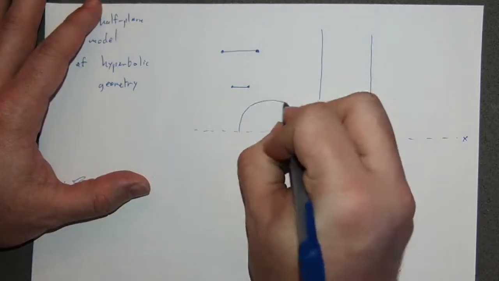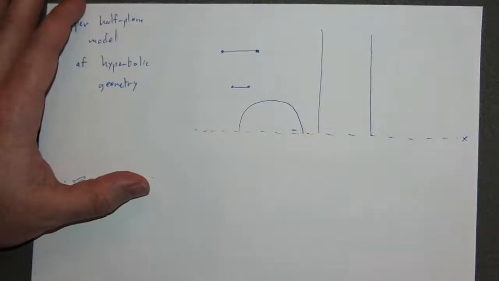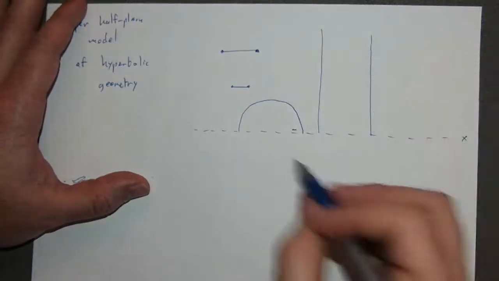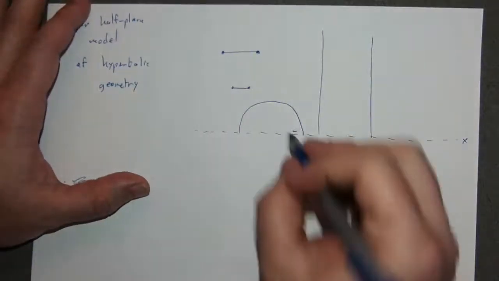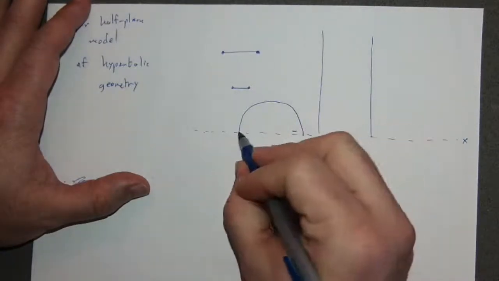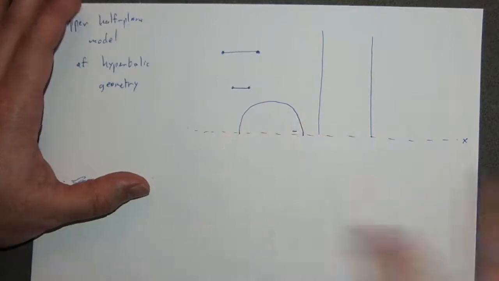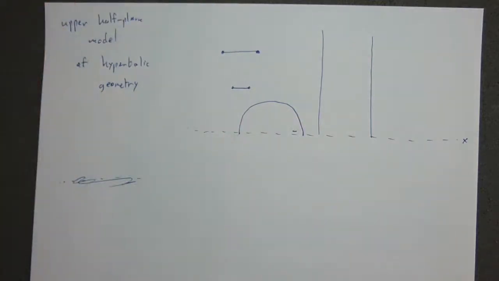A line segment would be a piece of these things: a vertical piece, or an arc of a semicircle centered on the x-axis. Here's a line, and again, these have no ends. This line continues indefinitely because this is not included. Now you see how this fails the parallel postulate.